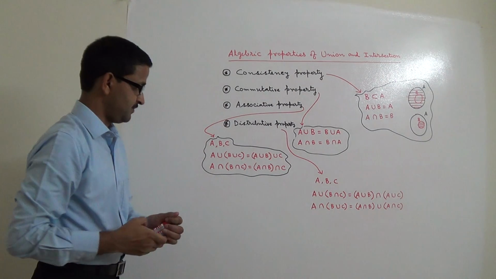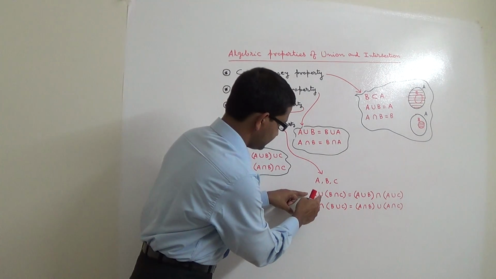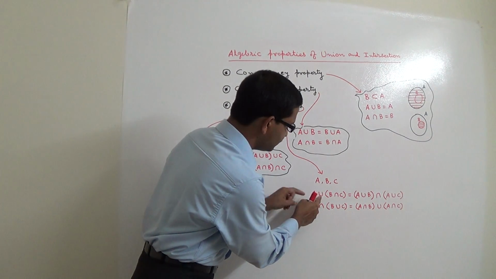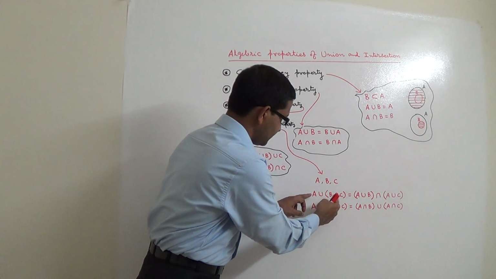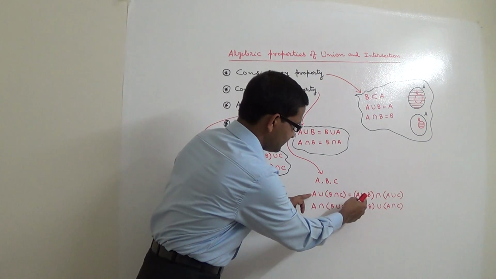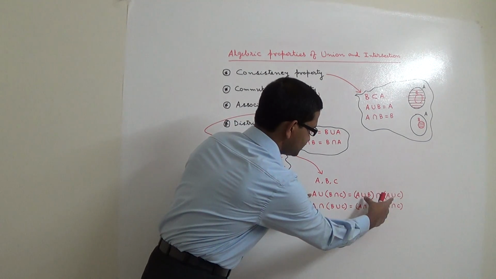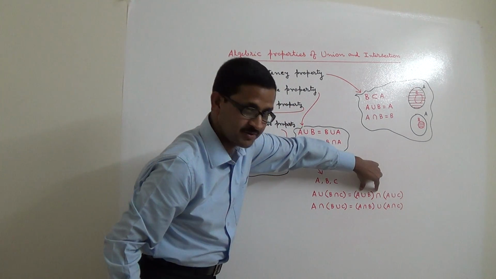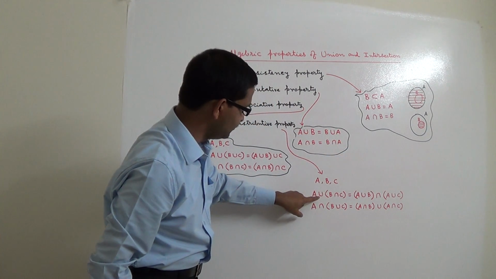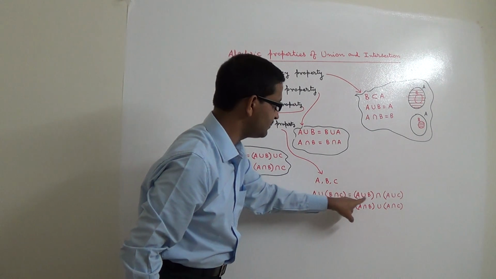Notice very carefully. Here on the left there is one union operation and one intersection operation, but the result has two union operations and one intersection operation. So the union is getting distributed.